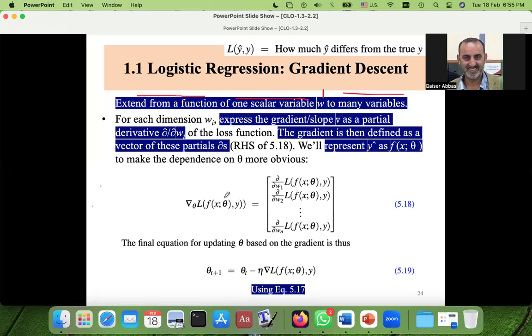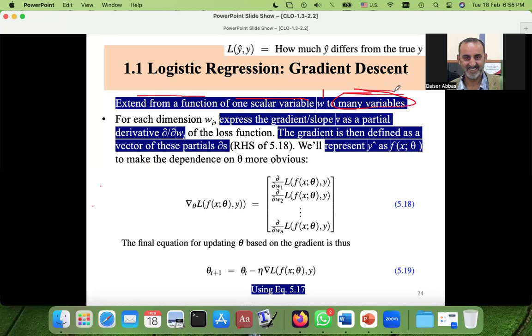For all variables, the final derivative I will call the derivative or the gradient. But for the variables in it, W1, W2, W3, W4, I will calculate their derivatives as partial derivatives.